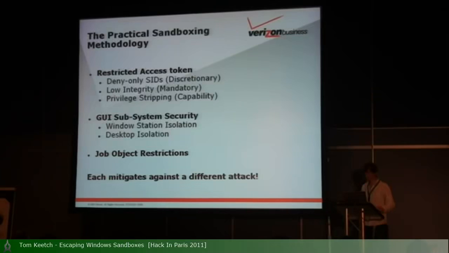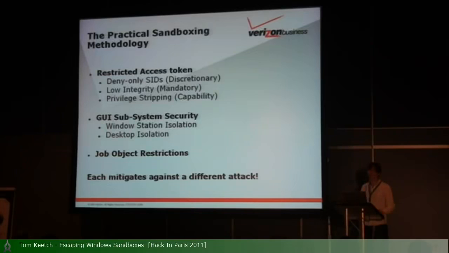And so that covers discretionary access control. We want to remove all of the rights associated with the process. And we can also mark something as being low integrity on Vista and later. Low integrity says this process is less trustworthy than a normal user process. And actually, integrity levels enforce various checks throughout the system that overlap with a lot of these other mechanisms.